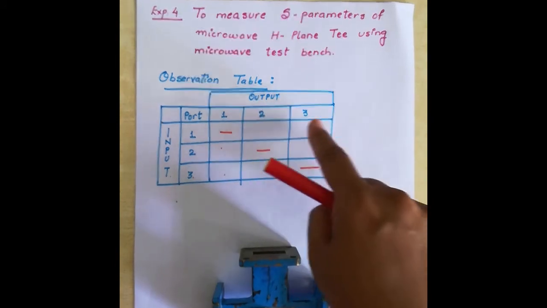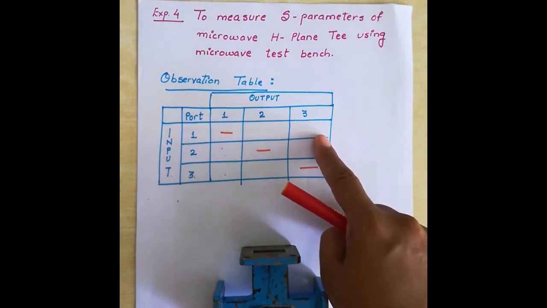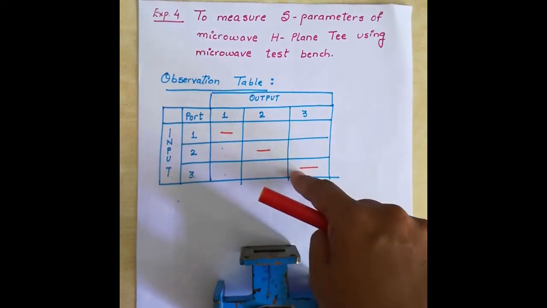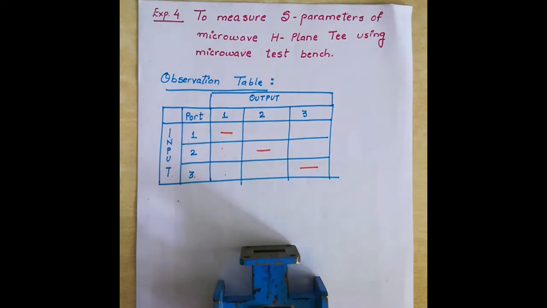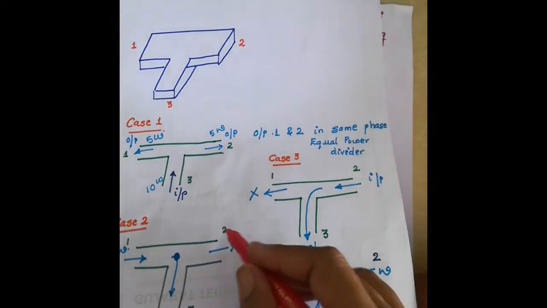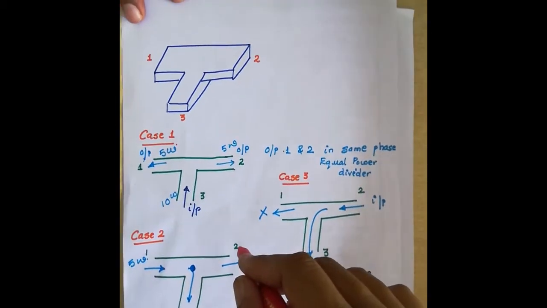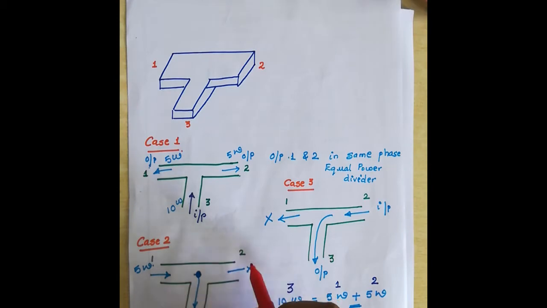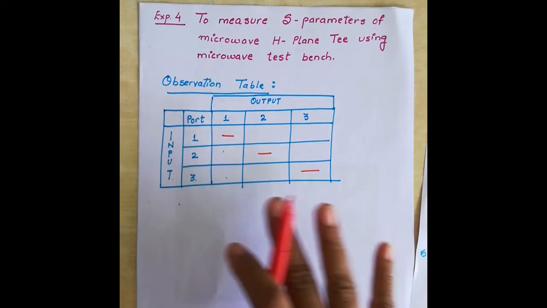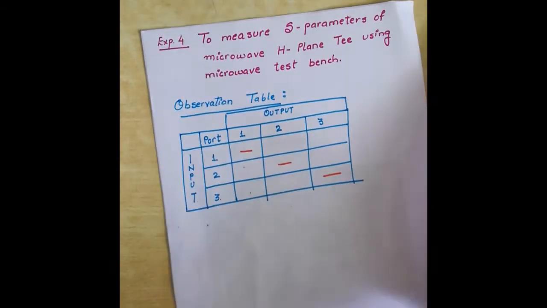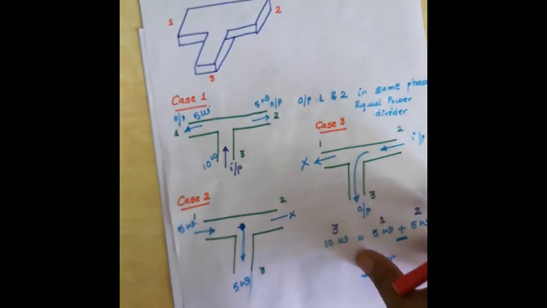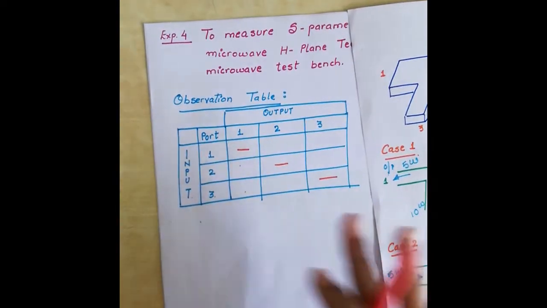We have to measure the outputs and find the results practically, and compare with the theoretical results: whether we practically get zero output where theoretically there is no output from one of the ports.